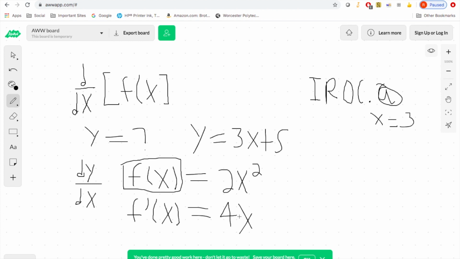So f prime of x is 4x, and we're looking at x equals 3, so we just plug in 3 into that equation, and we get 4 times 3, which is 12. So that's how we're going to evaluate the instantaneous rate of change at a point.